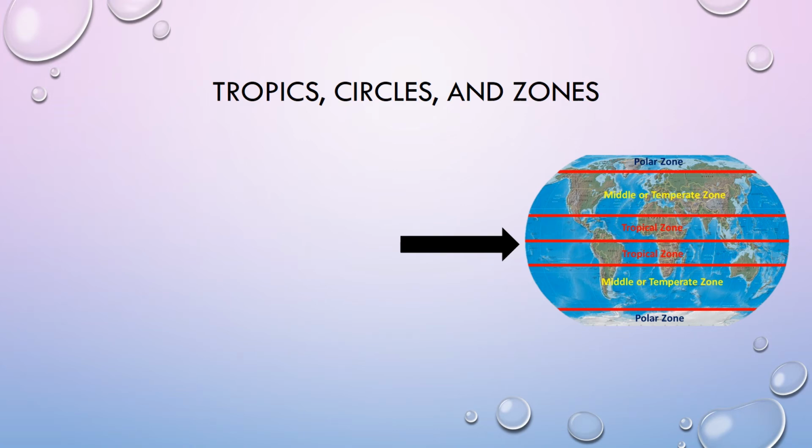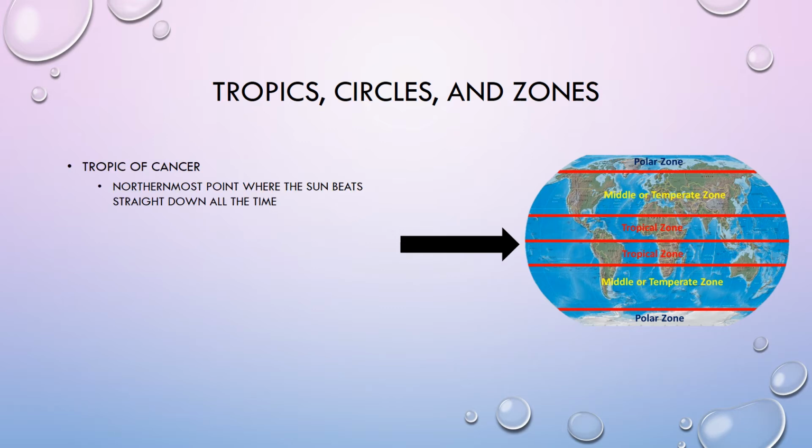So, the tropics, circles, and zones. The Tropic of Cancer is the northernmost point where the sun beats straight down all the time. We actually had to label this a couple of sections ago, and the Tropic of Cancer, if you follow my laser pointer, is this line right here, right above the words tropical zone.